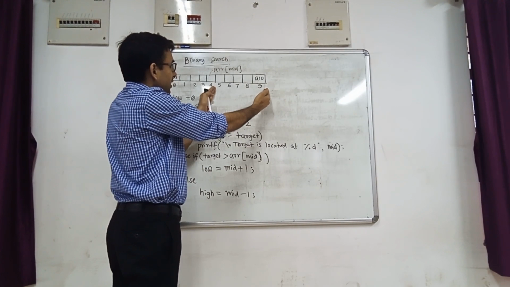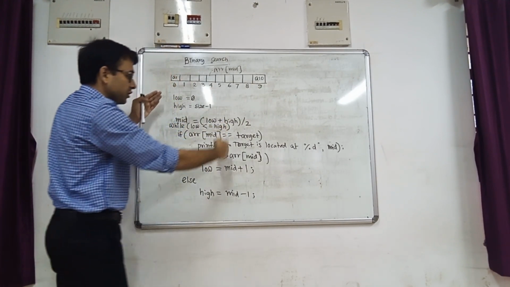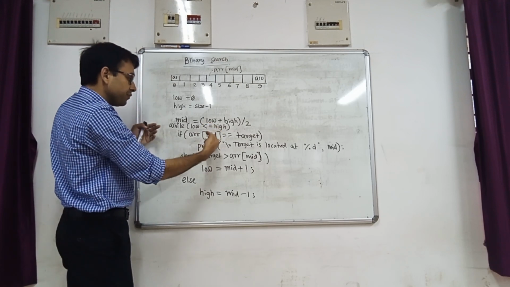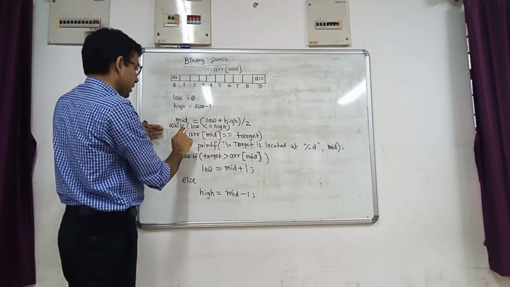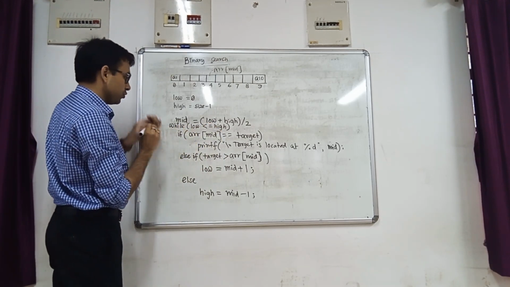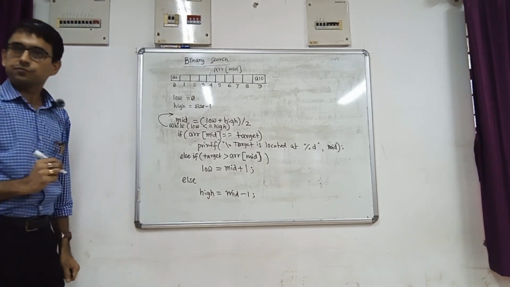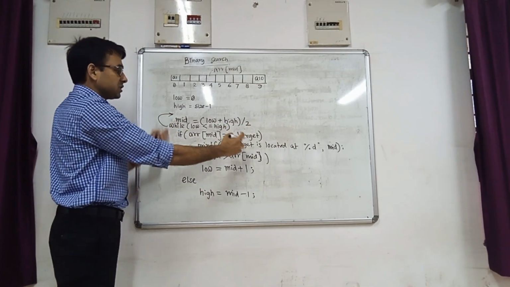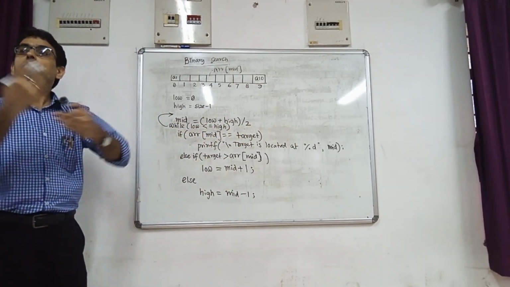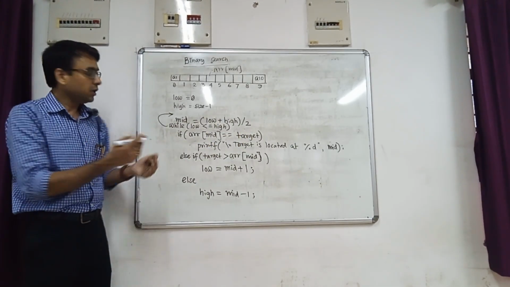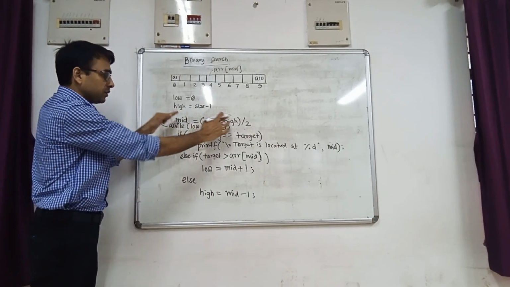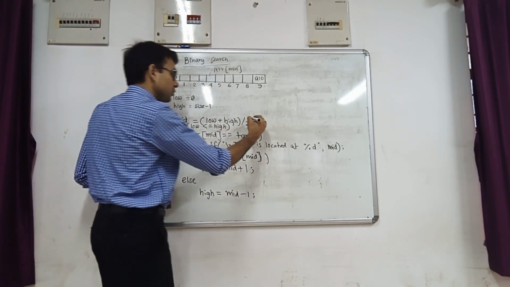If the target is in this range, again we will continue to do that. That means again we will divide this. Okay, a little mistake here, this will go here. Mid calculation will be again done, so mid will be also updated according to the low and high. So while will go there and that calculation you have to do.